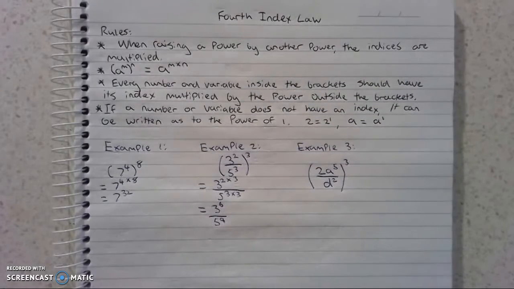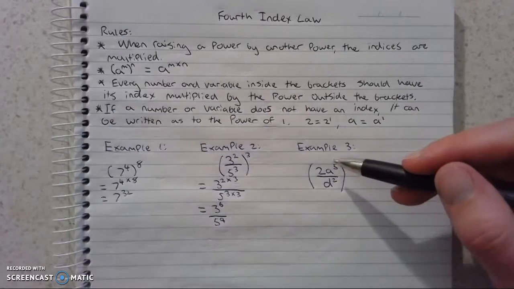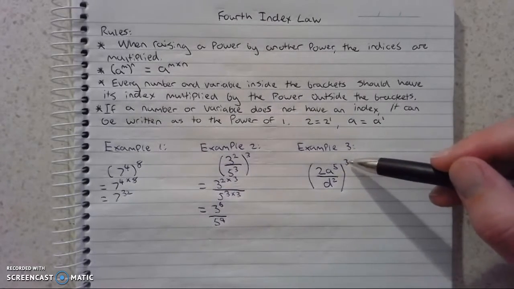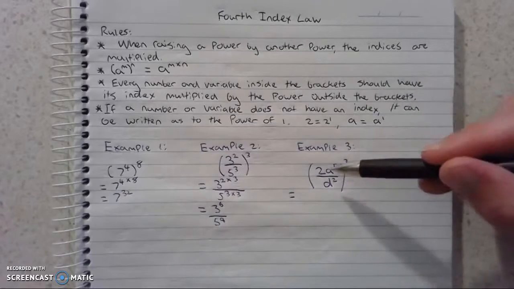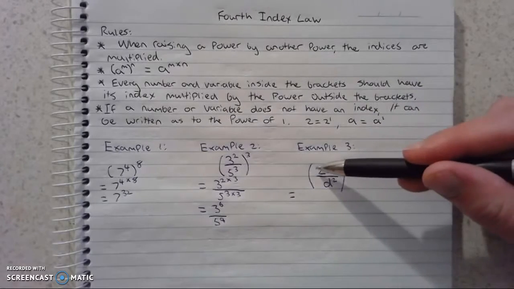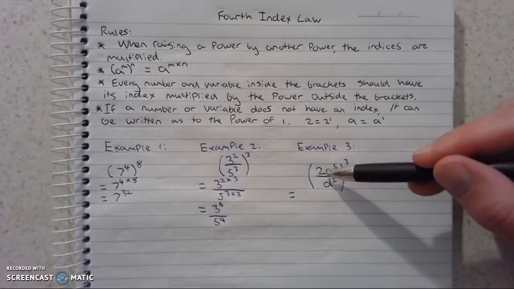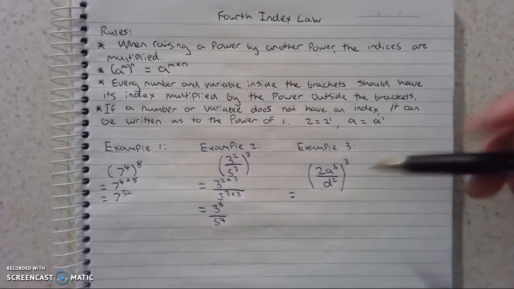We know in our fourth index law, everything inside, when raised by a power, will be multiplied by the power outside. If we have a coefficient here, that means the coefficient times the variable, so there's a little times that splits that. So every single thing in here is multiplied by everything out here.